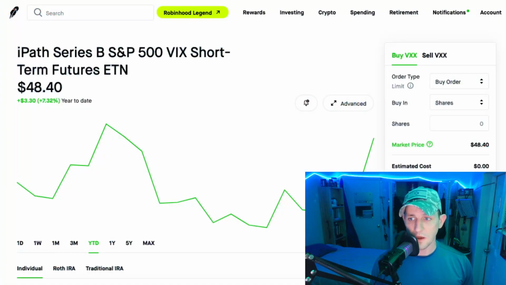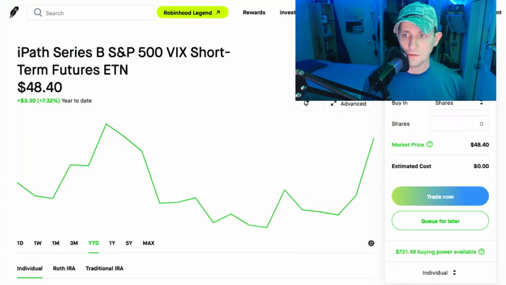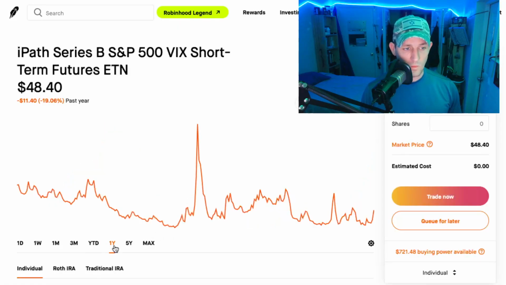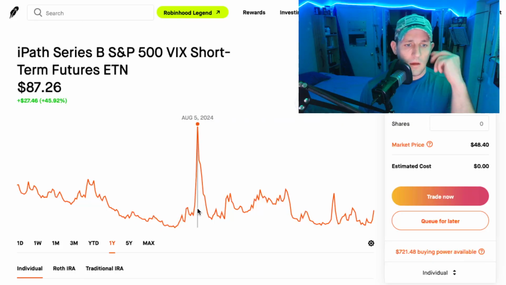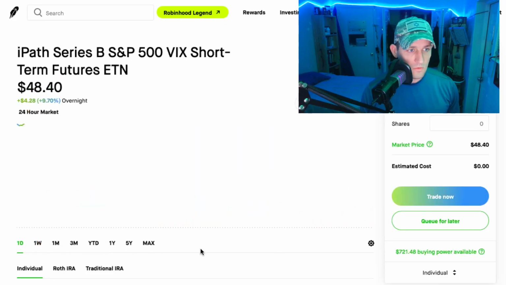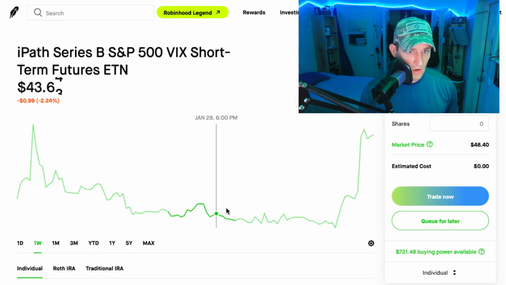Now the other side of the volatility trade, this would be the side to play when the market is doing well. And so when the market is doing well, you could buy a share of this particular fund.